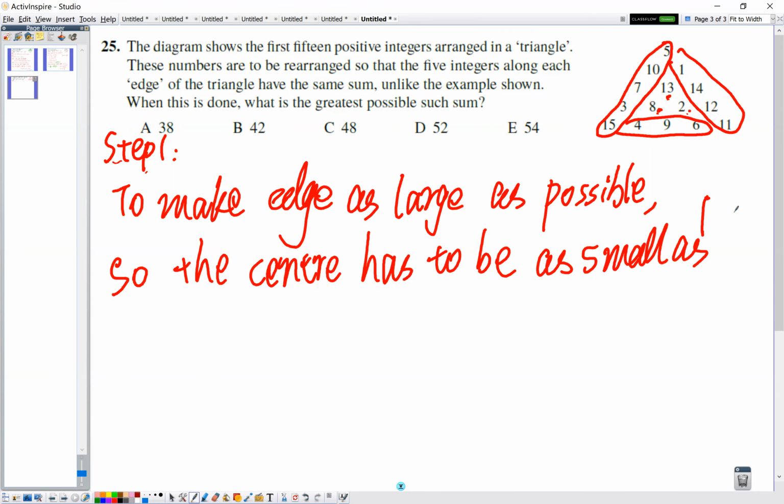That's the first thing to spot. So basically, we only have 1, 2, 3 in the center then.